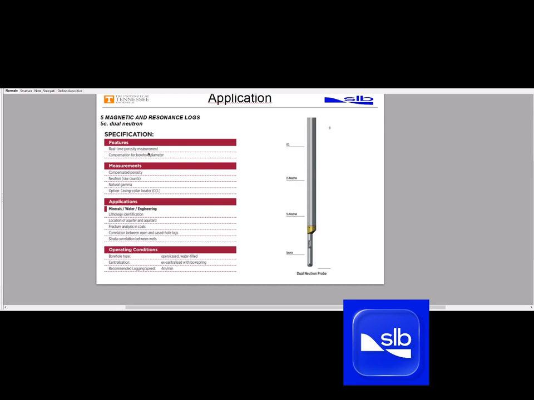So we have a real-time check of porosity in the borehole. Neutron count, natural gamma ray, a great application also in mineral exploration and water. Strata correlation between wells, correlation between open and cased-hole logs, fracture analysis in coal.